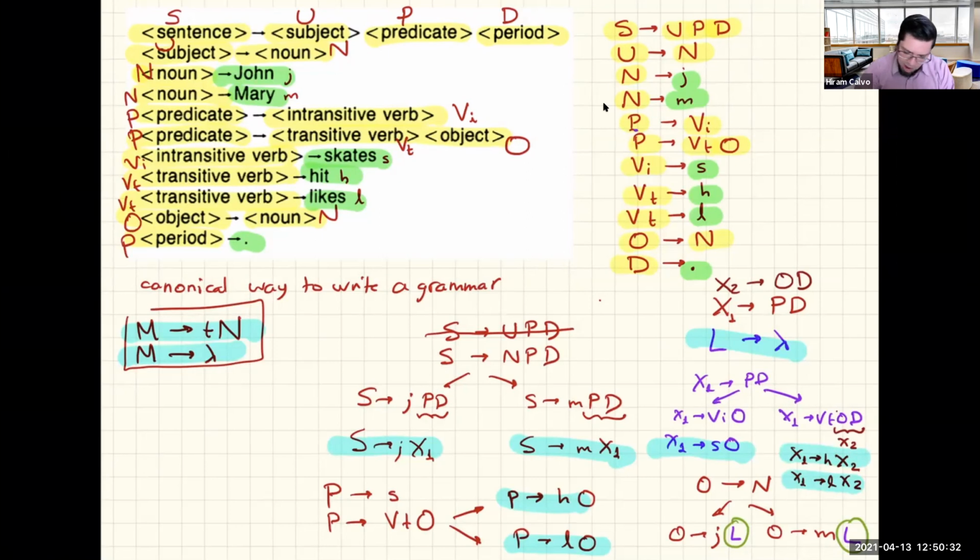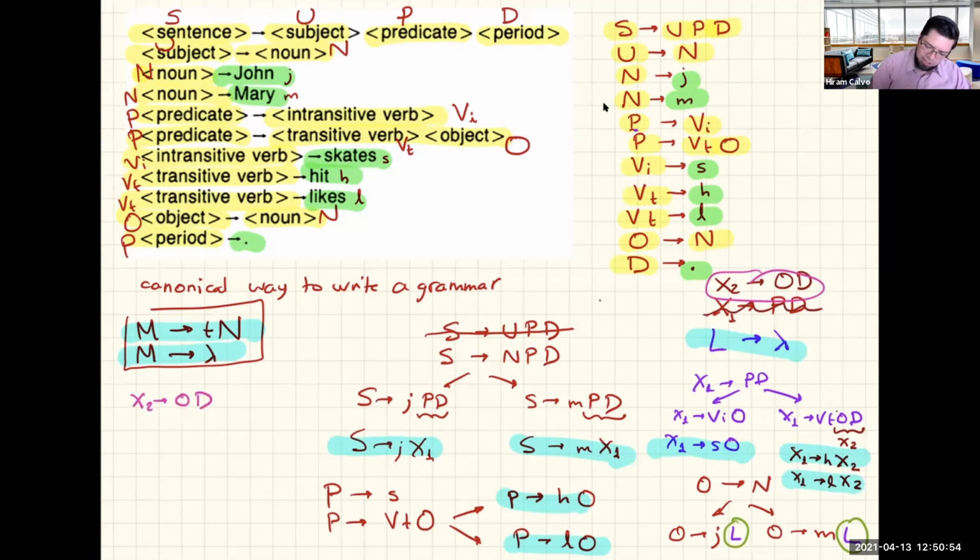So now we have another problem. Why? Because in this case, we have fixed X1, but now we have the problem of what happens with X2. X2 is not again in the format. So we will work here with X2, which is OD.